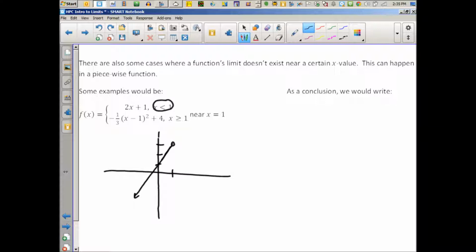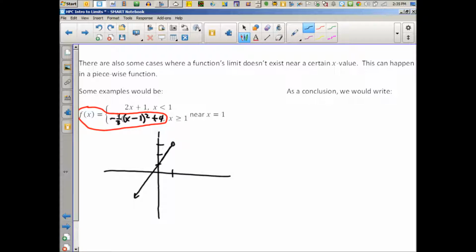So there you have it. And then this might look real cryptic to you here. Right here, this y is equal to -1/3 (x minus 1) squared plus 4, x is greater than or equal to 1. Let me recopy that so you can see it. That's -1/3 (x minus 1) squared plus 4.